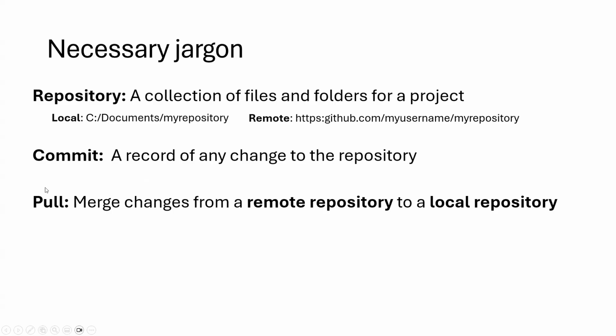To pull, you merge the changes on the remote to your local. So any new files that have been added, edits that have been made, you are essentially synchronizing your system. All the commits that have been logged since you last pulled will become part of your local repository.